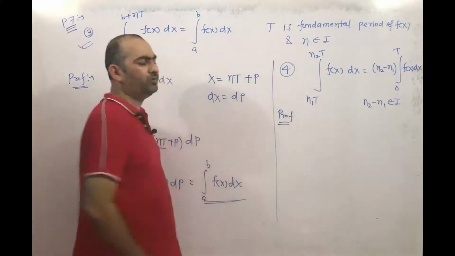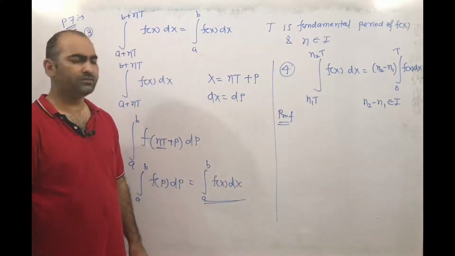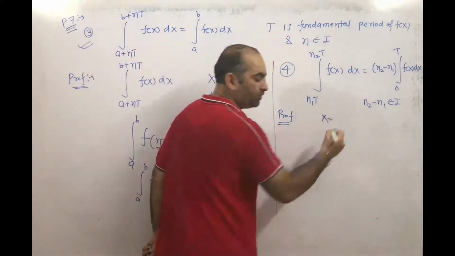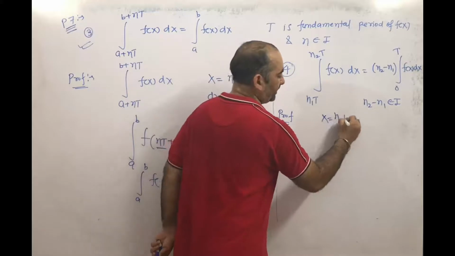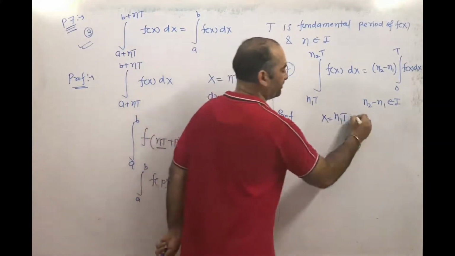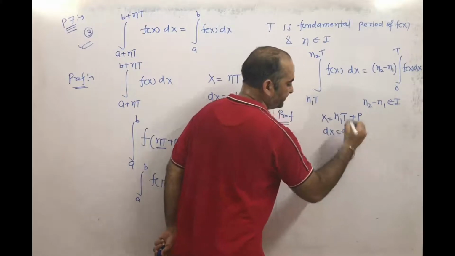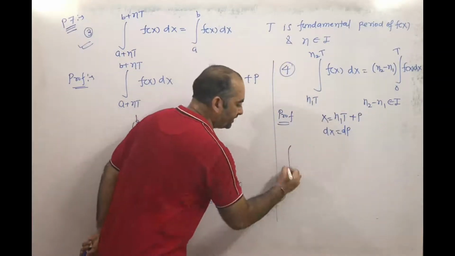The proof is very simple. Instead of x we put n1T plus p, so dx equals dp.